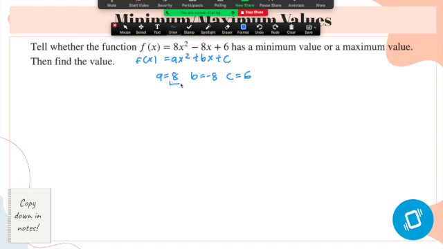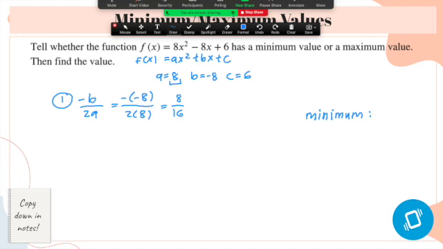So since our a is a positive number, that means we have a minimum value. And to find our minimum value, we first have to find out what the vertex is. So I'm going to start off by using the negative b over 2a. We get here negative negative 8 over 2 times 8. That equals 8 over 16.